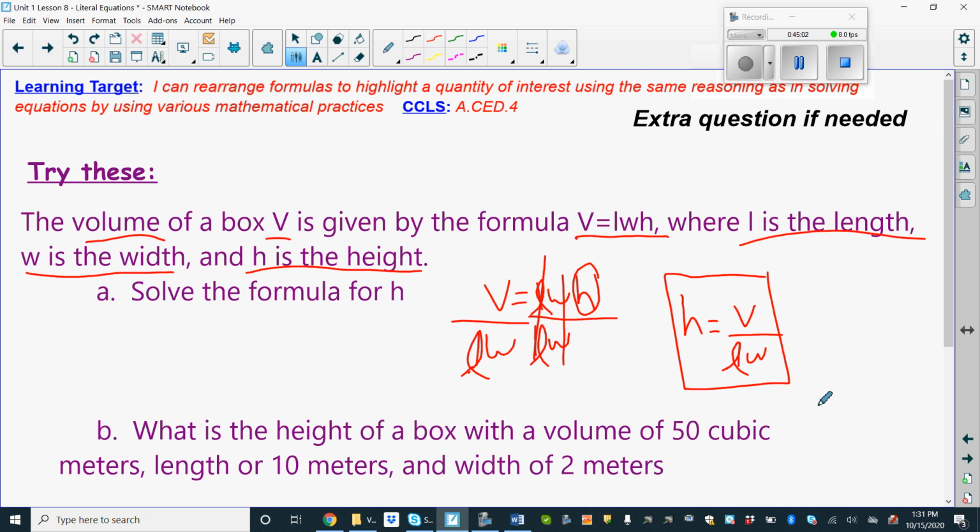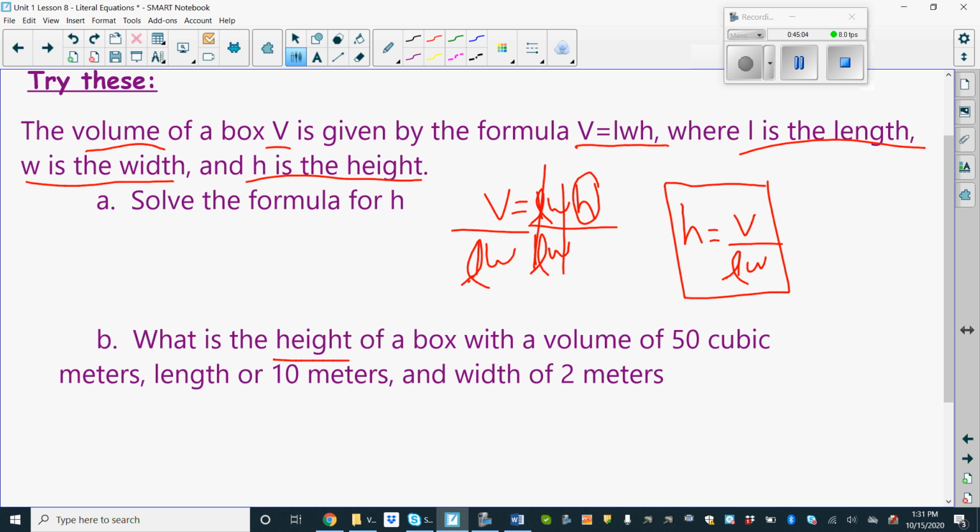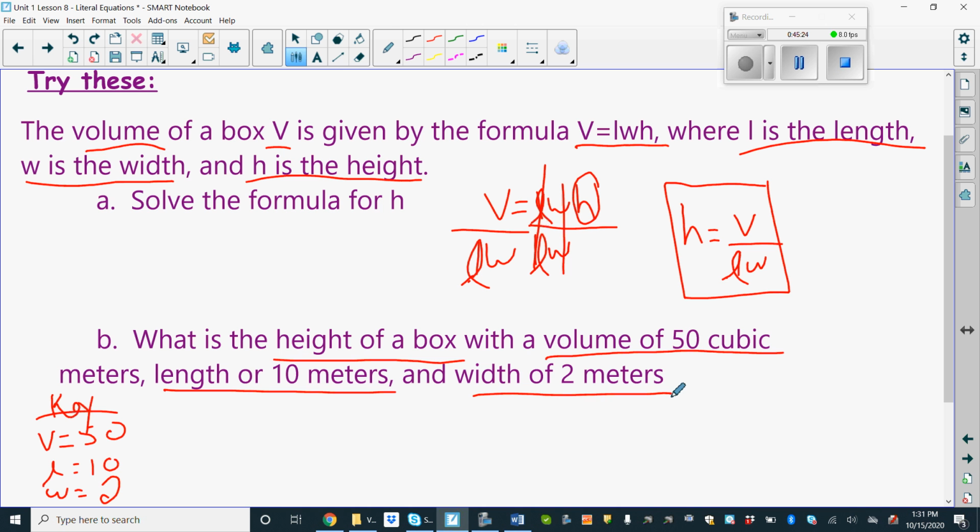And that would be h. Now, what is the height of the box? So we're solving for the height. What is the height of a box with a volume of 50? So again, for my key, I have V equals 50, L equals 10, and W equals 2. So the length of 10 meters and the width of 2 meters.